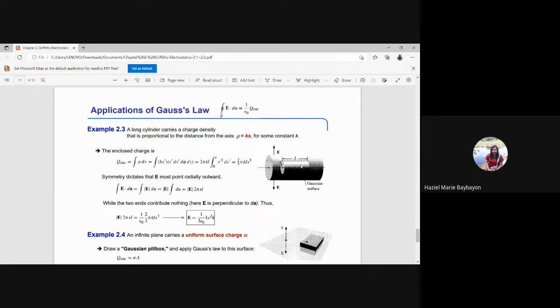So supposedly you will consider 3 surfaces: the body, and then the caps of your cylinder. Since the area vector points this way and the electric field points that way, they are 90 degrees with respect to each other. E dot dA is equal to 0. The same goes for the other cap.